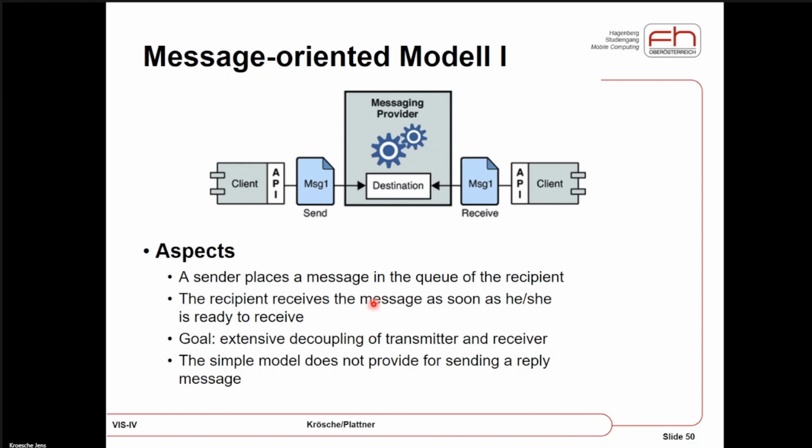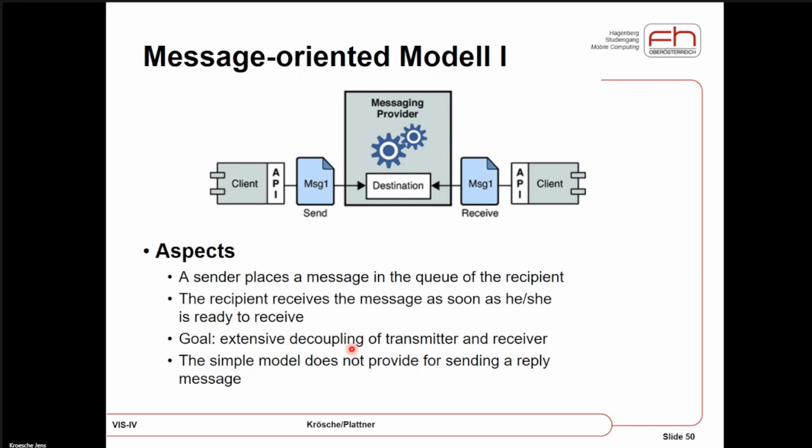The idea is we send messages. We have some sort of client that sends a message to some kind of infrastructure, and the infrastructure takes care that the message is received, calculated, and provided, and stuff like that. So the idea is some kind of asynchronous mechanism, based on extensive decoupling of transmitter and receiver.